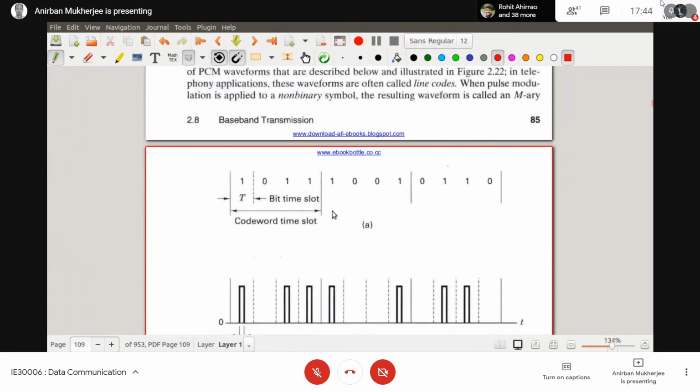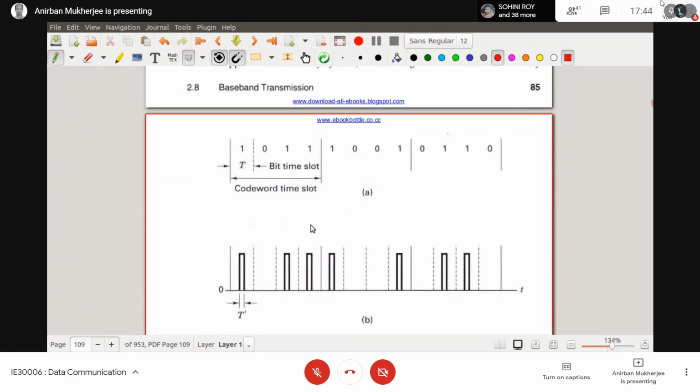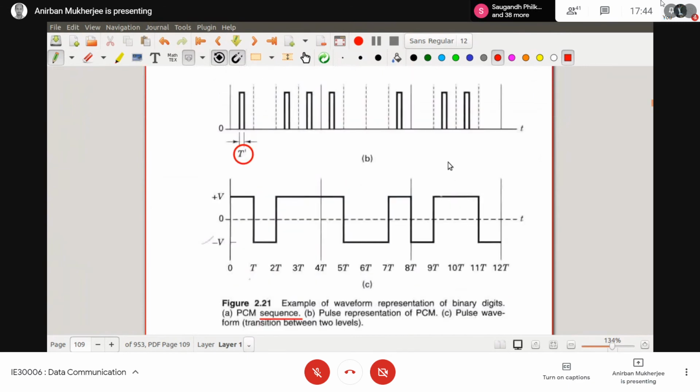Say I am taking some time width capital T. 1 means some voltage, 0 means nothing. So this is some sort of a pulse type representation of this one. This is the pulse representation of PCM.